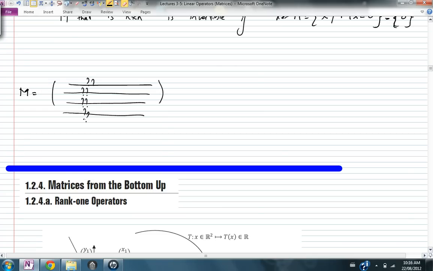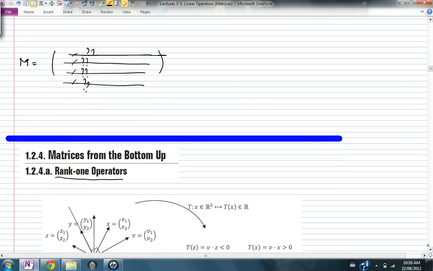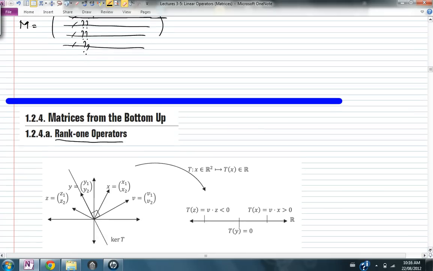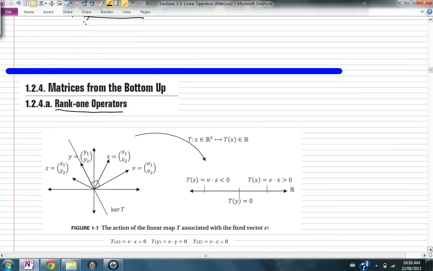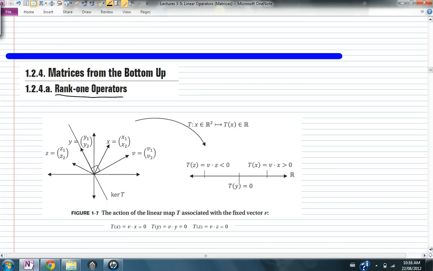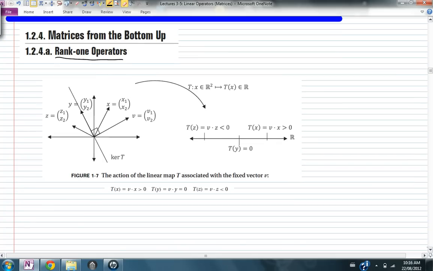And we're going to see that each row represents what we call a rank 1 operator. And we have as many rows as the rank of the matrix, or as many linearly independent rows. These are the rank of the matrix.